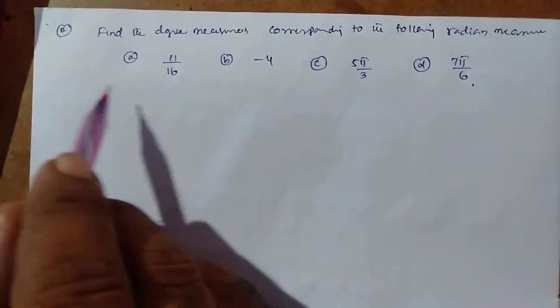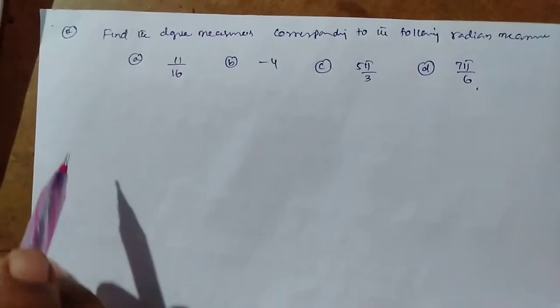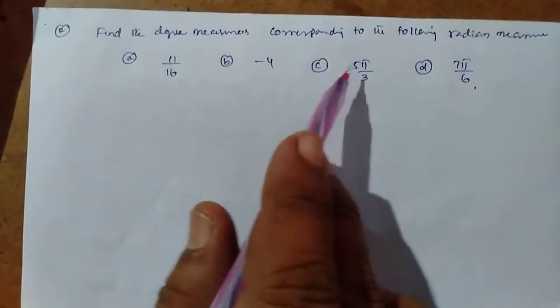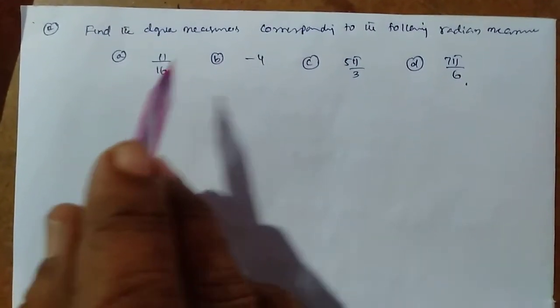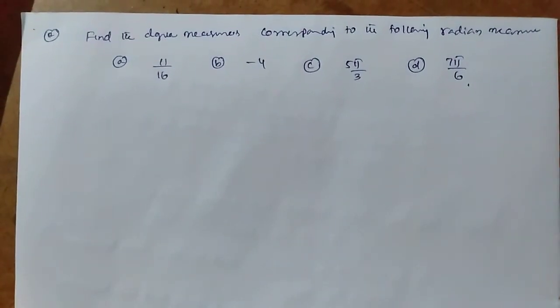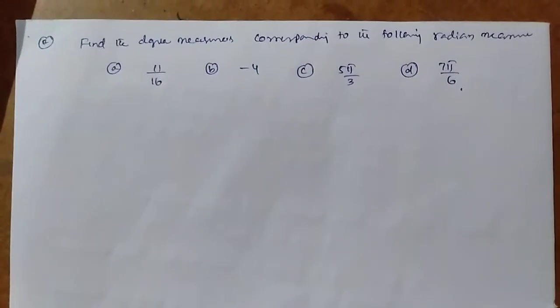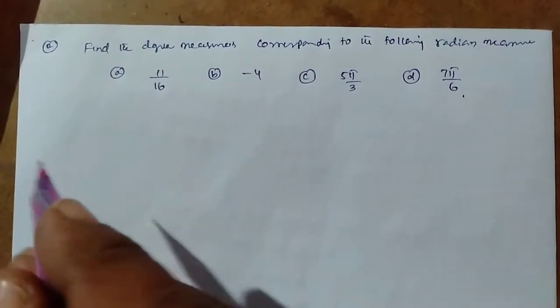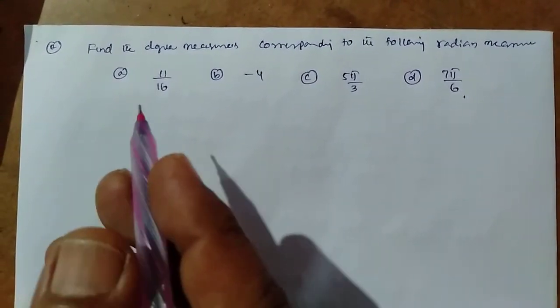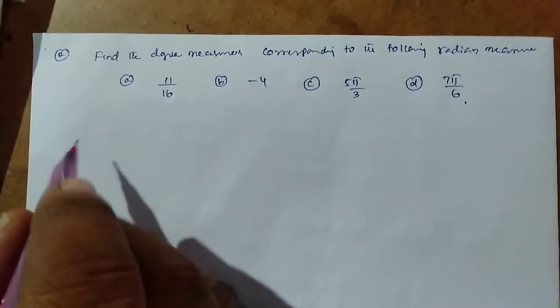So coming to the second example. Find the degree measures corresponding to the following radian measures. In the previous problem, we converted from degree measure to radian measure. Here we find the degree measures for the given radian measures. That means you have to multiply each item by 180 by pi.